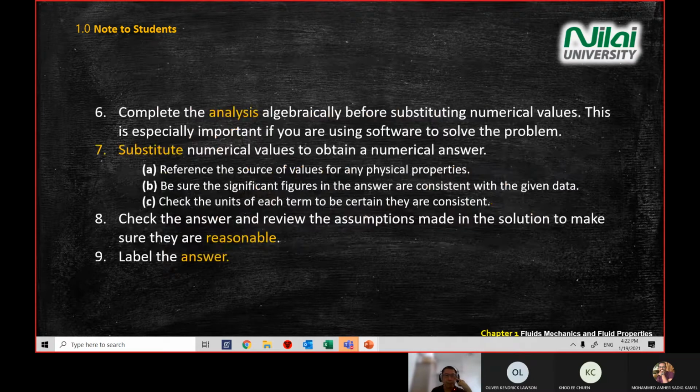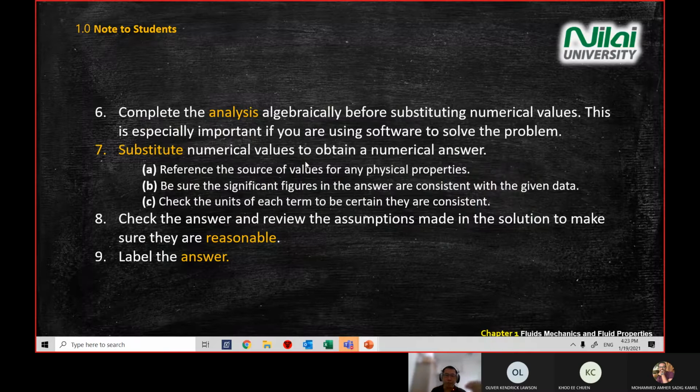and then be careful when you substitute the values. For this module, most of the time students make mistakes when they substitute answers from the previous calculation, right? Sometimes they forget to carry forward the negative sign.